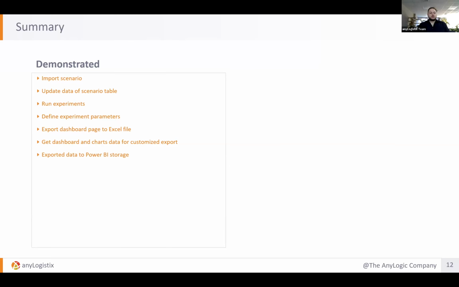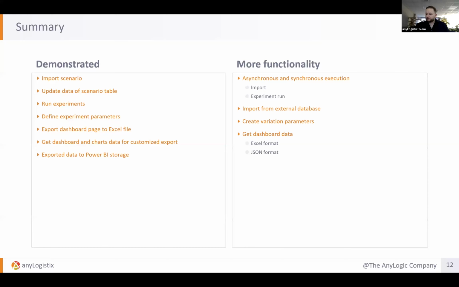And that's not everything that is covered by the API functionality. In addition, this is the basics that are required for any logic that you want to implement and automate using API.